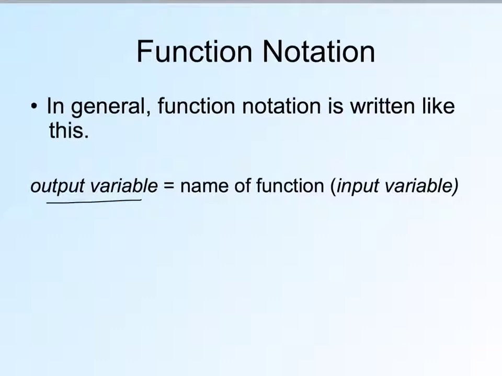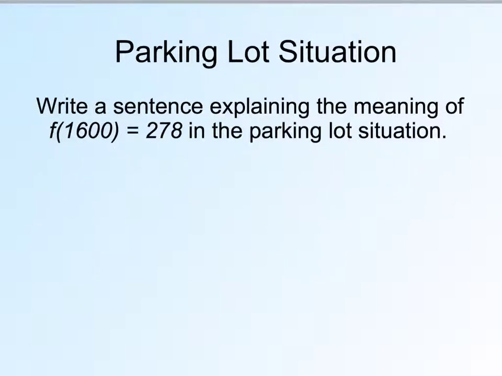Output equals the name of the function, input variable. So our cars was equal to the function f of the time of day, which was our input variable.